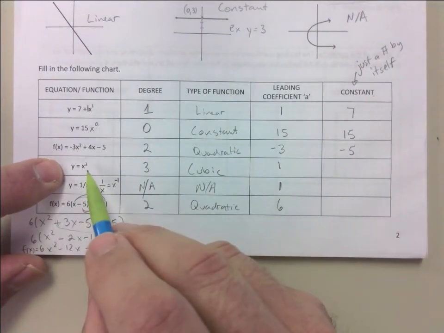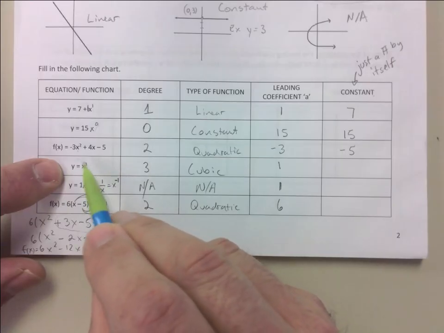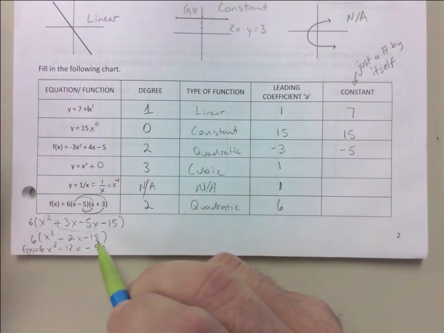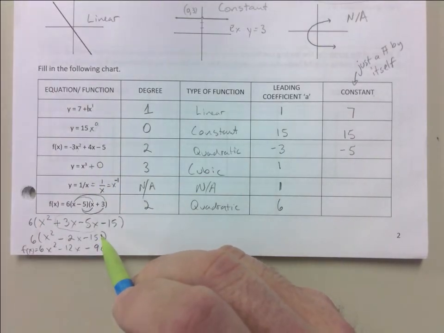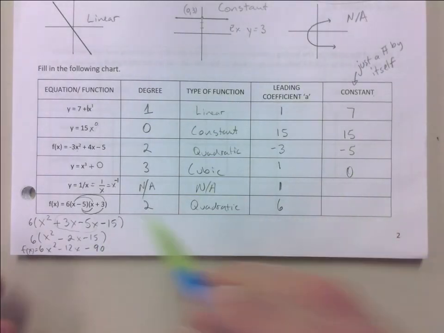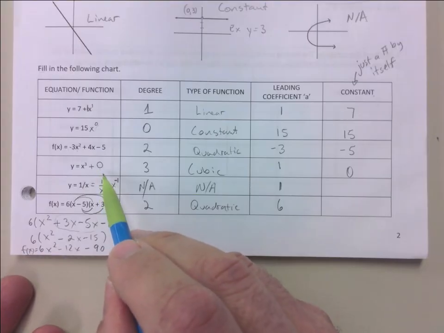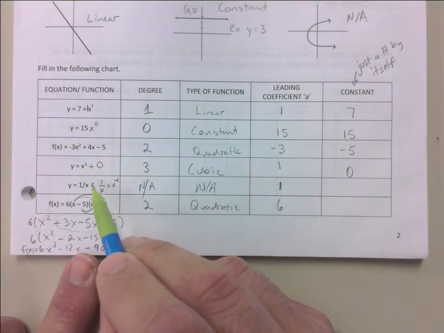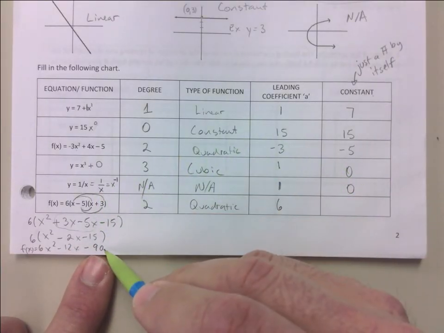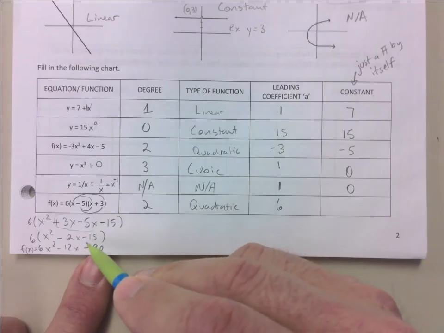Over here, what's the constant here? Don't forget about the power of 0 as well. There's a 0 tagging along. It's just we don't add it in our notation, but it's there. Technically here it's 0 as well. And over here, the very last one, negative 90.